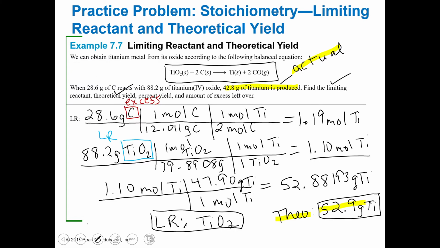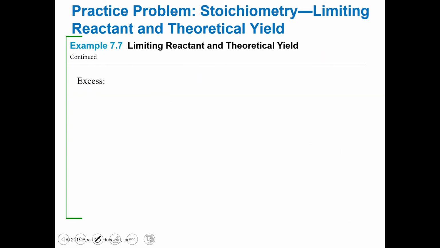It was 52.9. Okay. So if I had 52.9 grams of titanium used, we have to convert that back to grams of carbon, because that'll tell us how much of the carbon was used. Of the amount we started with, how much of that was used. So 52.9 grams of titanium was made. I'm going to convert that back to moles.